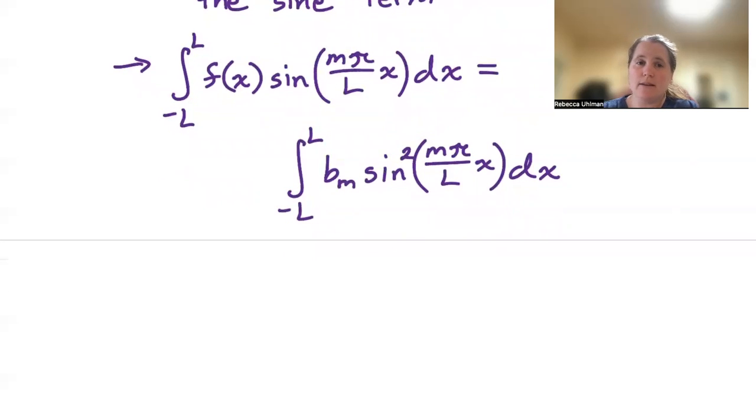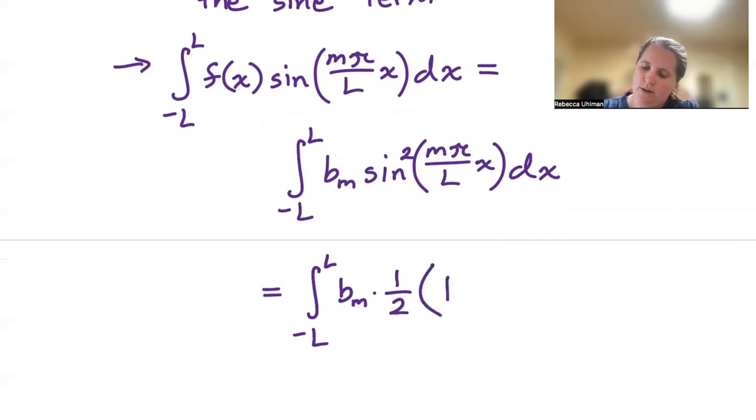Again, applying the double angle formula, this is just the definite integral from negative L to L of b sub n times 1/2 times 1 minus cosine of 2m pi over L x dx.